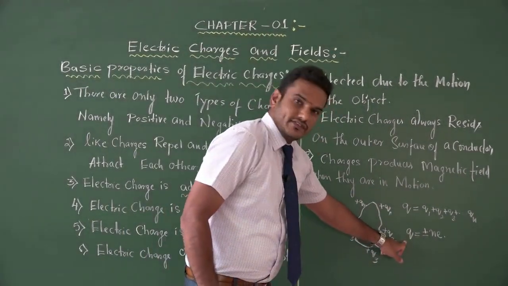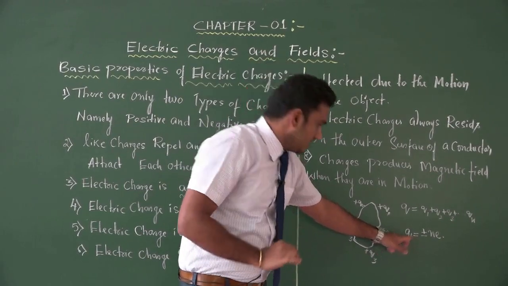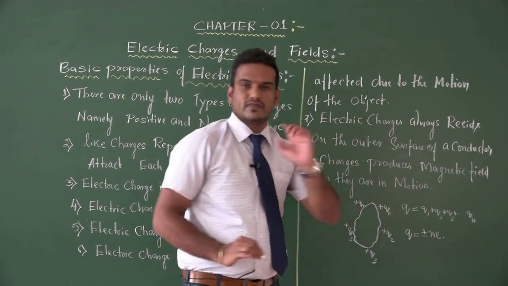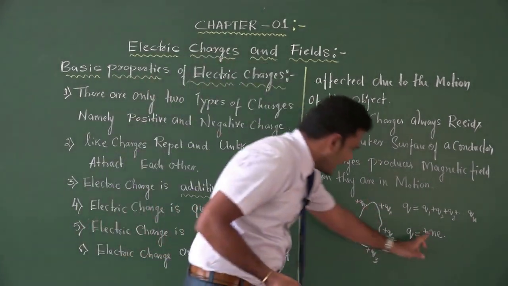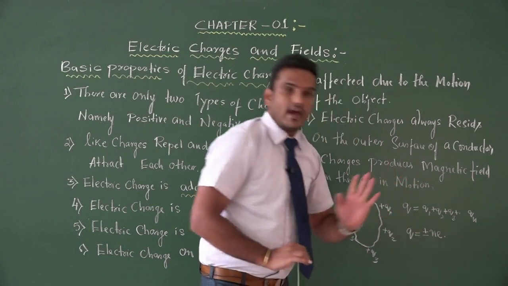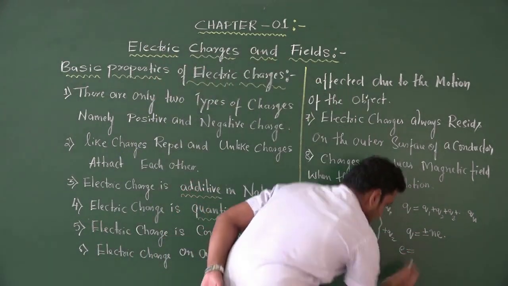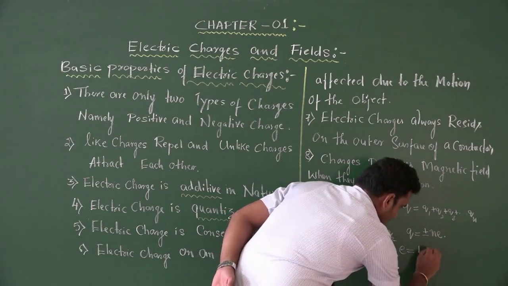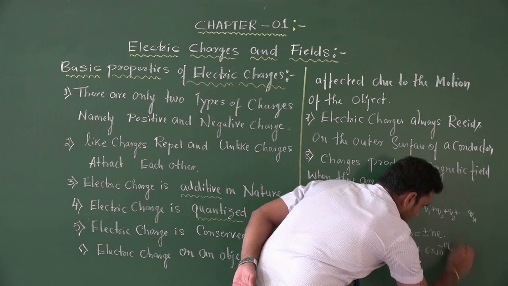Here Q stands for the total charge in an object. Plus or minus means it may be a positive charge or a negative charge. n is the number of charges in that object. e is the magnitude of electric charge, which is equal to 1.6 times 10 to the power of minus 19 coulomb.